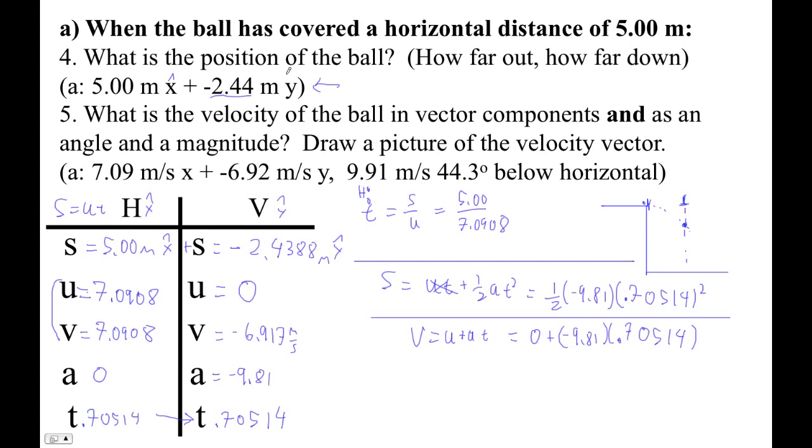Maybe put little hats on those things, right? Okay, then it says, what is its velocity in components? Well, 7.09 meters per second in the x direction, plus, and you'd round these to 3 sig figs, just like this, negative 6.92, there it is rounded, in the y direction. So far, so good, right?